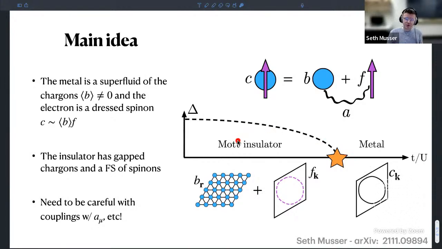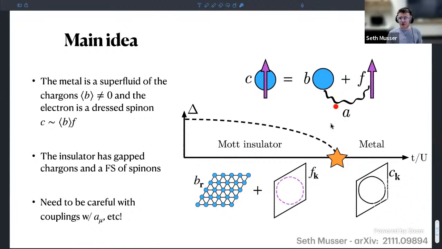As we move to the Mott insulating side, the expectation value of B will be 0. And so this spinon Fermi surface no longer has any overlap with an electron Fermi surface. So this is really, as I suggested, just a superfluid to Mott insulator transition of the chargons.